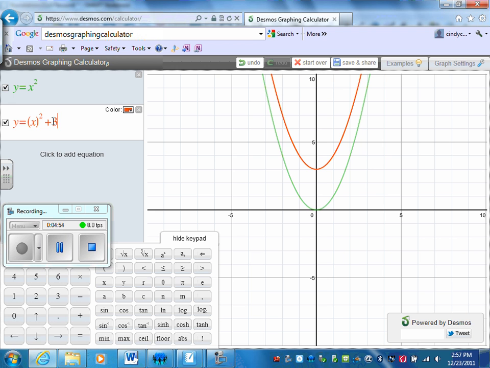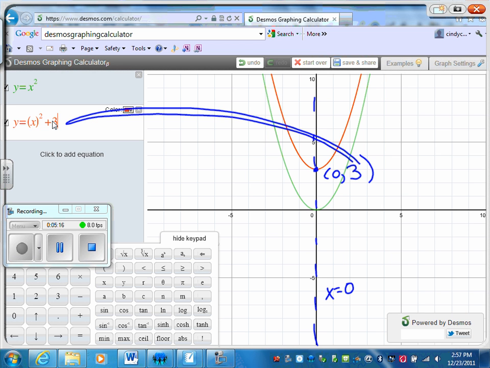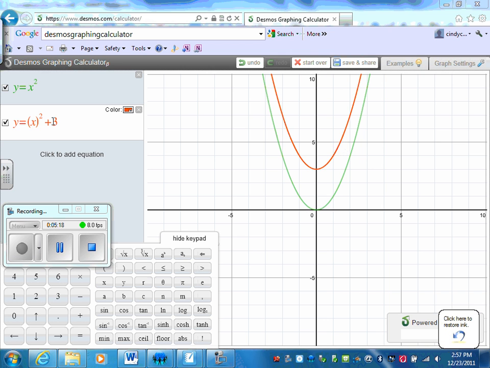The next question asks how the coordinates of the vertex and the equation of the axis of symmetry change. In this case, my vertex has an x value of 0 and a y value of 3. Interesting relationship, that y value there. What about my axis of symmetry? It's still x = 0. Let's try another number to see if that same relationship holds.